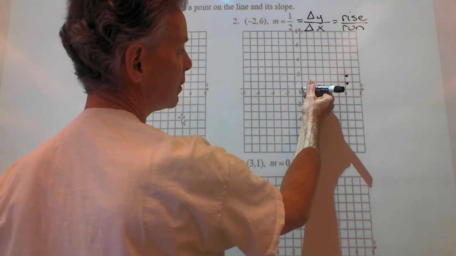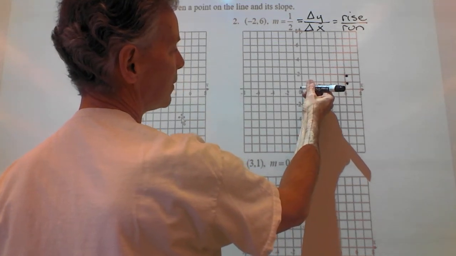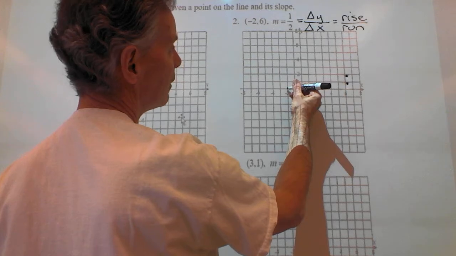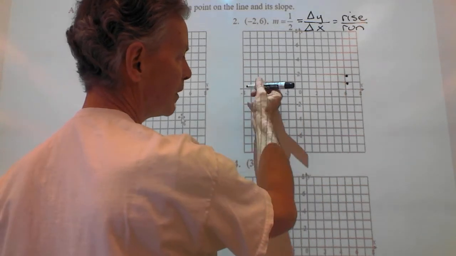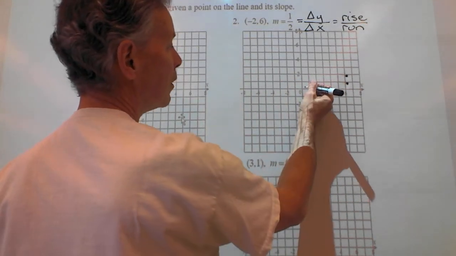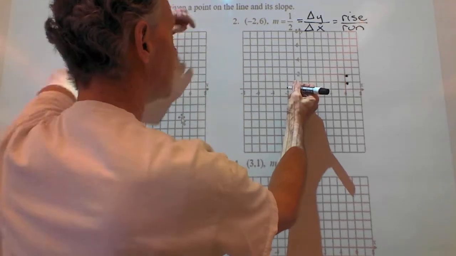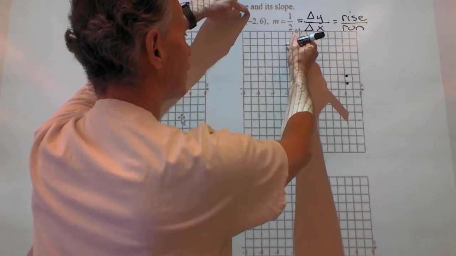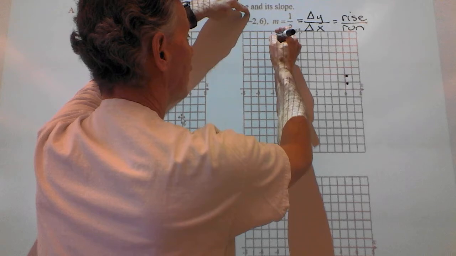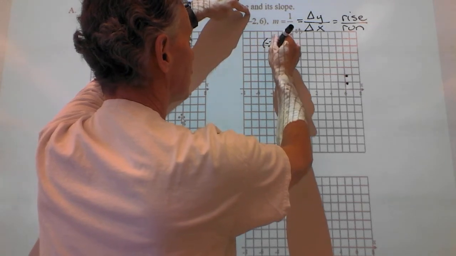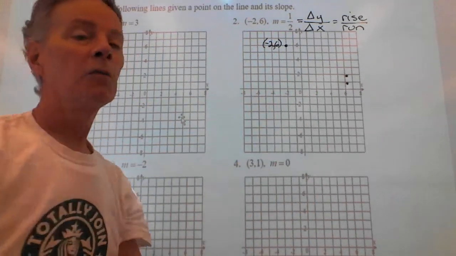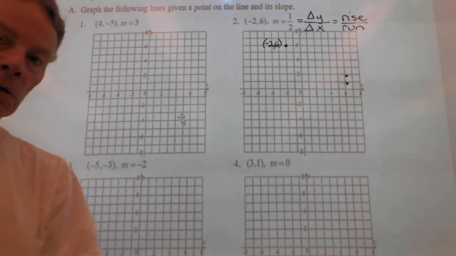Starting from the origin, our run is -2, so we have to go to the left, right? Because the left is the negative numbers. So we're going to go 2 to the left, -2, and 6 up, +6. There's our point. -2, +6.